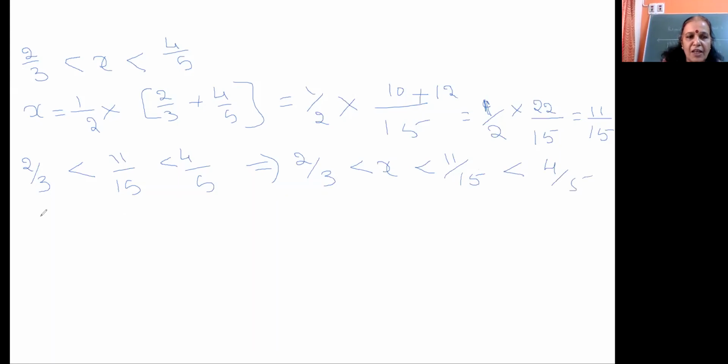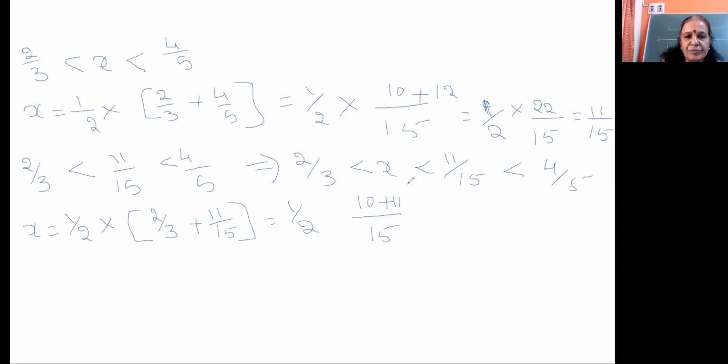Now x is equal to half into 2 by 3 plus 11 by 15, that is equal to half into LCM is 15, 5 2s are 10 here, and 15 1s are 11.